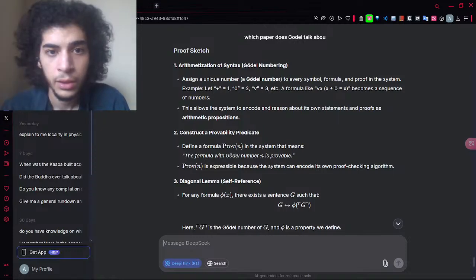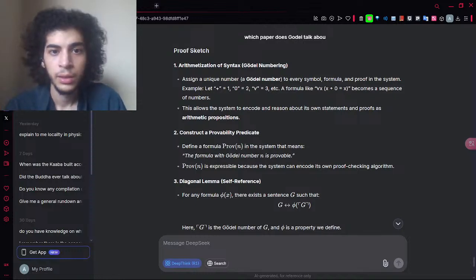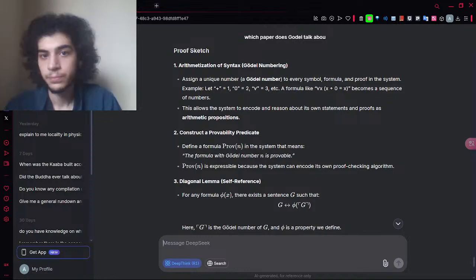So for example, the plus sign, you give it the value 1. Zero, we give it the value 2. I think that symbol is for all, we give it value 3. And a formula like the Pythagorean formula, we give it value 200. Doesn't matter.